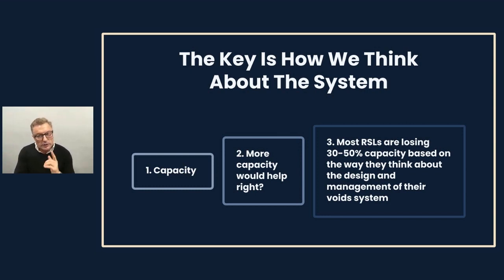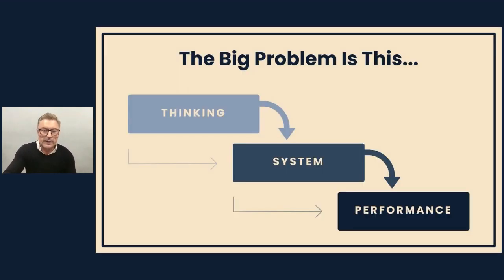The challenge we find is that most RSLs are losing substantial amounts of capacity based on the way they think about the design and management of their voids system. You may already be losing capacity because you have fewer operatives, or because of utility suppliers, but there's a massive opportunity to get much of that capacity back if you think about the design and management of your housing voids system differently.